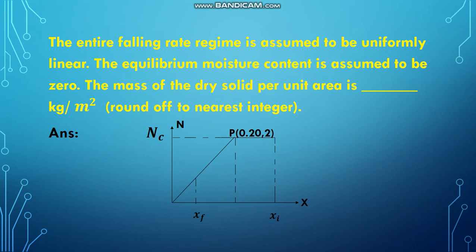Take the linear relationship, N versus X. Since it is a linear relationship, we just assume a straight line passing through the origin. Here Xi is the initial and Xf is the final content. Nc is the critical point, and we have drawn N versus X. At point P we have 0.2 and 2.